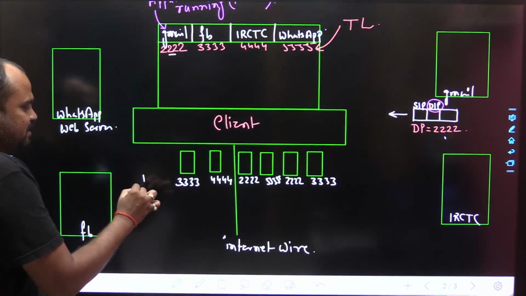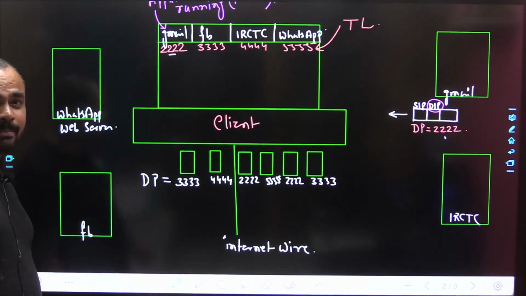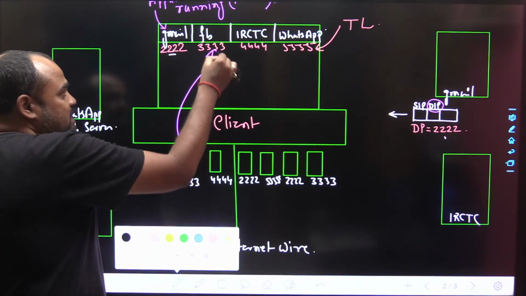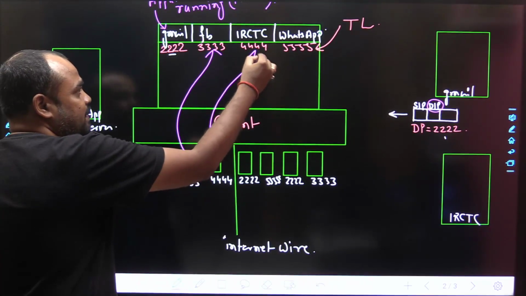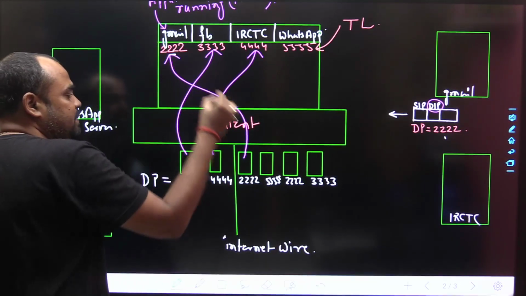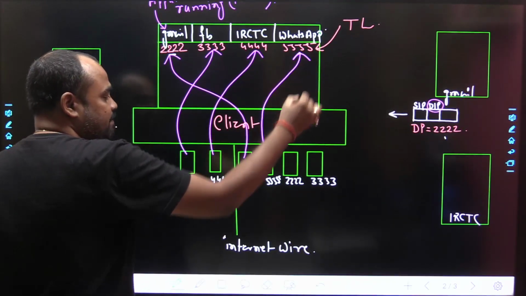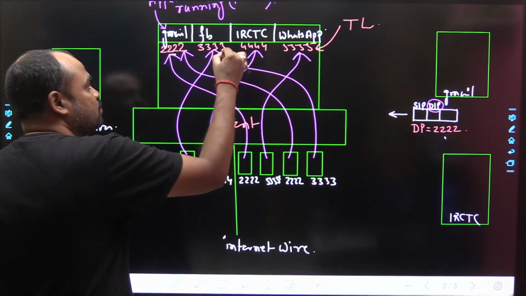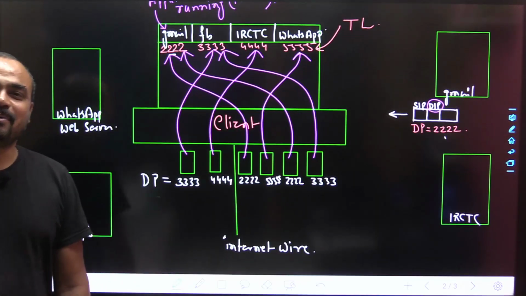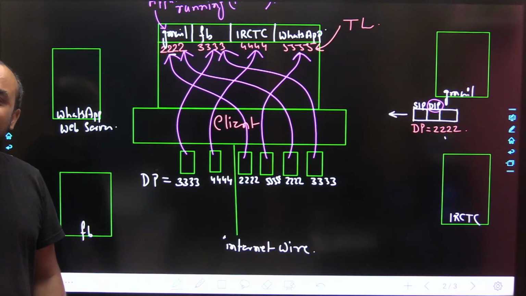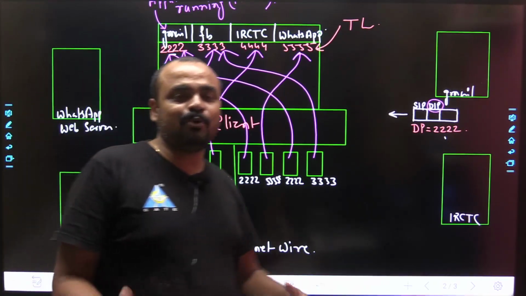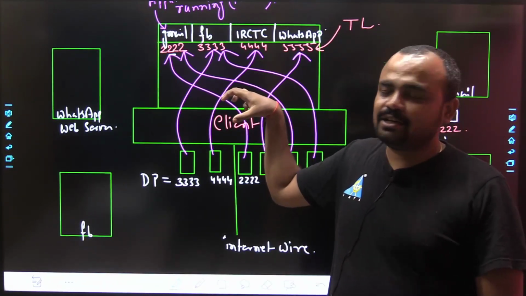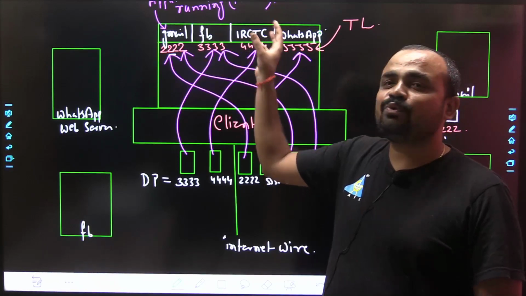These are the destination port addresses available inside the packets. Looking at the destination port address, this one will be forwarded to this application, and likewise for each of the others. Are you getting my point? Everyone, is that clear? Looking at the destination port address, the computer or your browser will decide which packet has to be forwarded to which application.